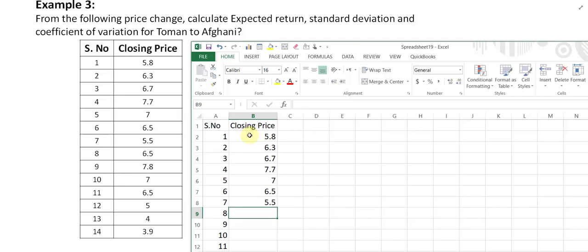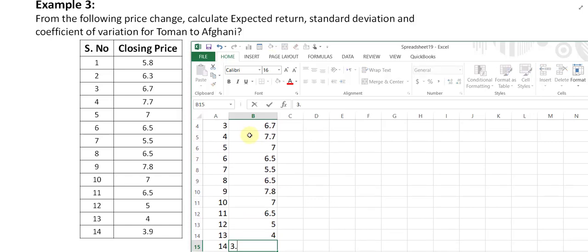For the 8th one, it is again 6.5. And the next one again 7.8, right? The next one is again 7. The next one is 6.5. The 12th is equal to 5, the 13th is equal to 4, and the next one is 3.9, right? So these are the values that we have, right?